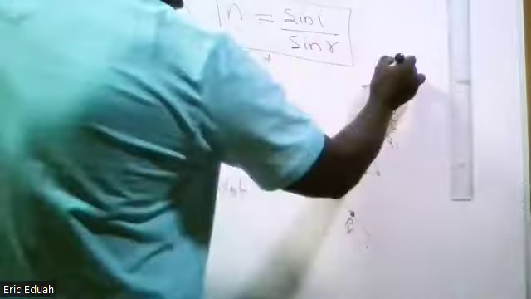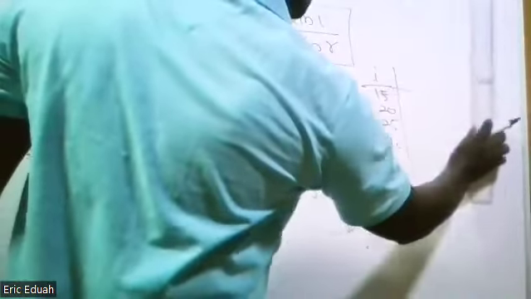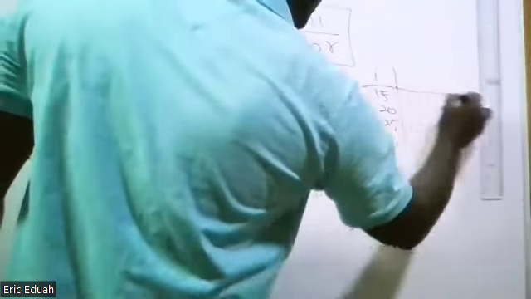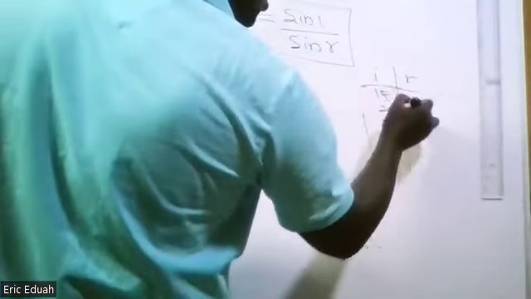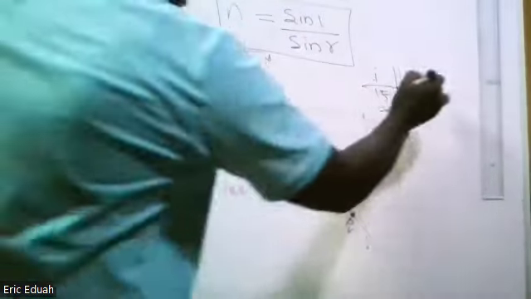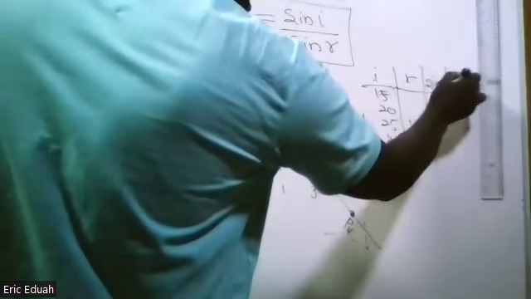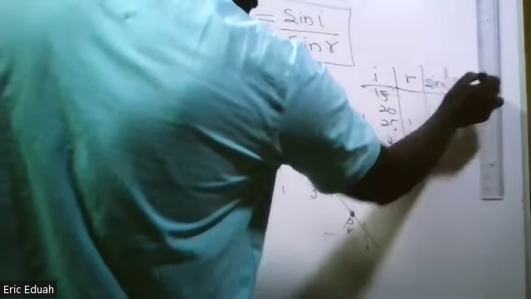After I is given to you, and after determining the corresponding R for each one of them, you'll be asked to find sine I and sine R.